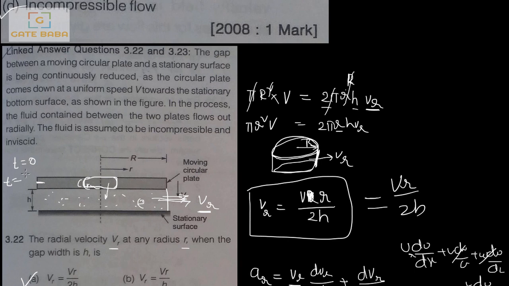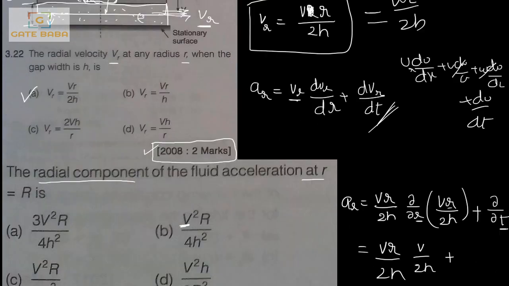After time equals 2 seconds, what is the plate position? It may be here. That means the height is decreasing. Initially the height is this much, but after 2 seconds the height is this much only. So the height is changing, but the radius is not changing. The plate radius is constant. So the variable is h here. That is the key point.